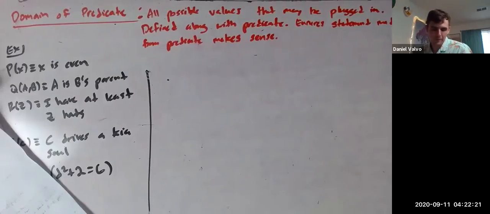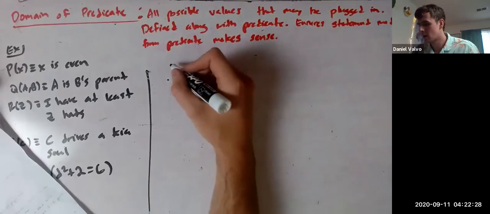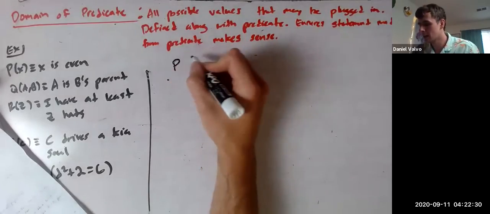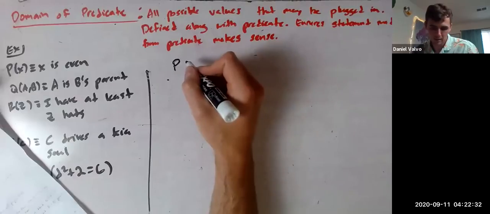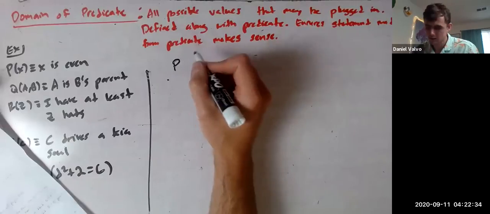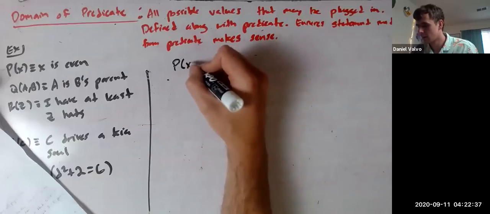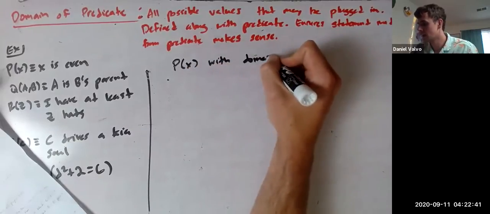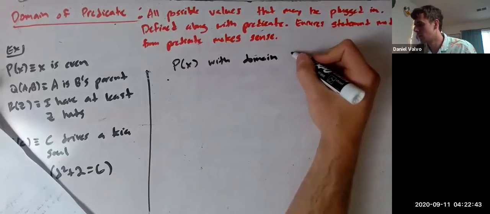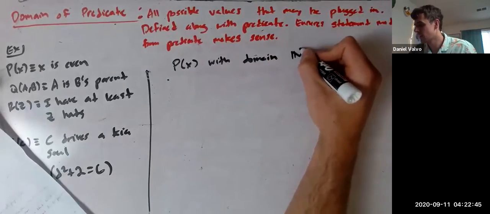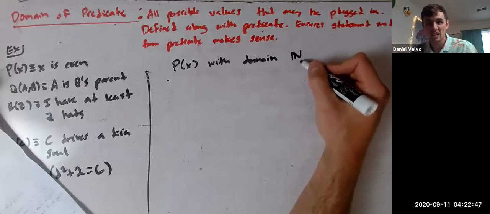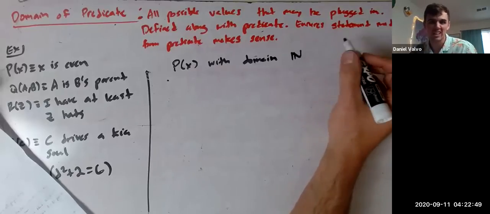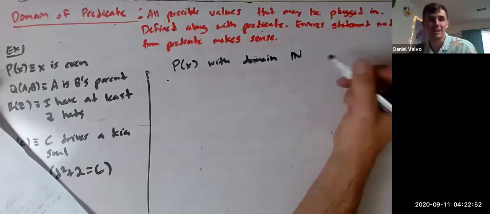So for example, you can make it up. You could have P of X with domain N, where this N is the natural numbers, so 1, 2, 3, 4, 5, 6, 7, those kinds of numbers.